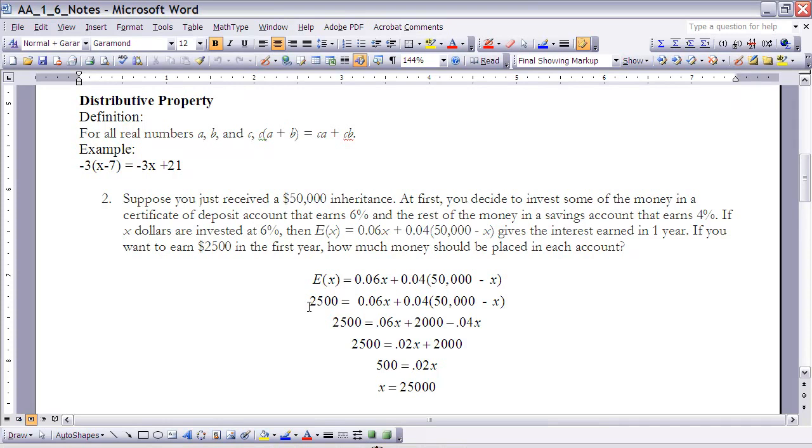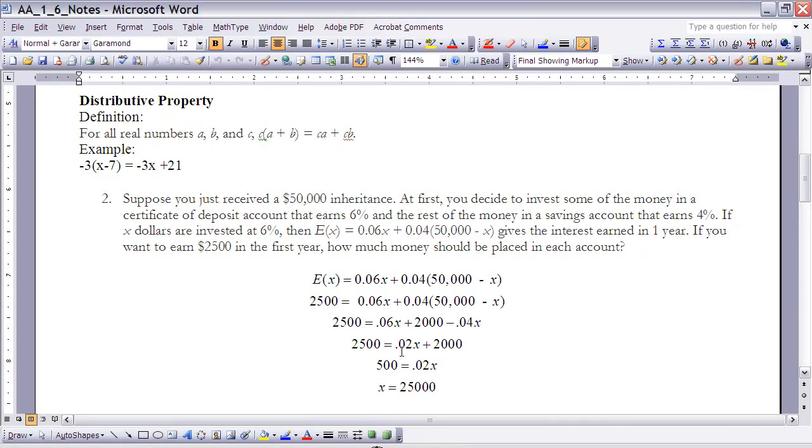Now I'm going to solve this. The first thing I'm going to do in my solving process is use that distributive property, because if I distribute that through, that will allow me to combine my like terms, my 0.06x and my negative 0.04x, to get this.